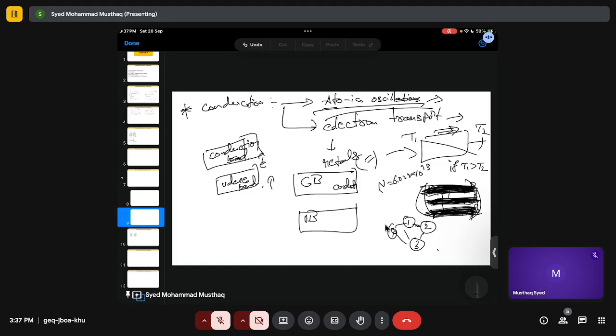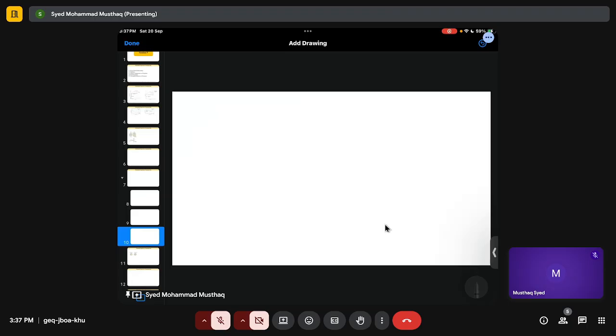And in electronics, or in electrical properties, we define materials depending upon this band gap. And what is band gap?